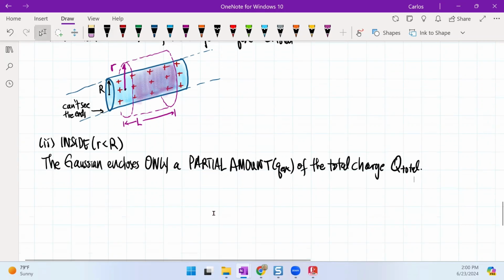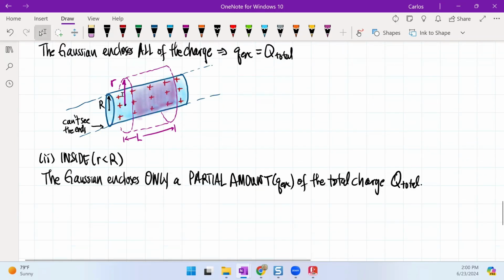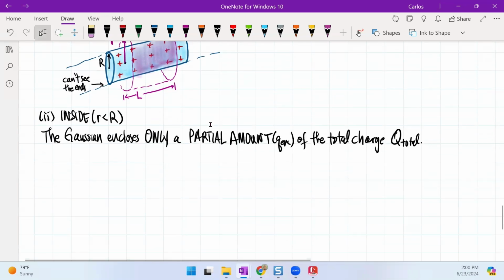So let's draw a good picture here. When I'm outside, I'm enclosing all of the charge within the Gaussian. But that's different in this situation.